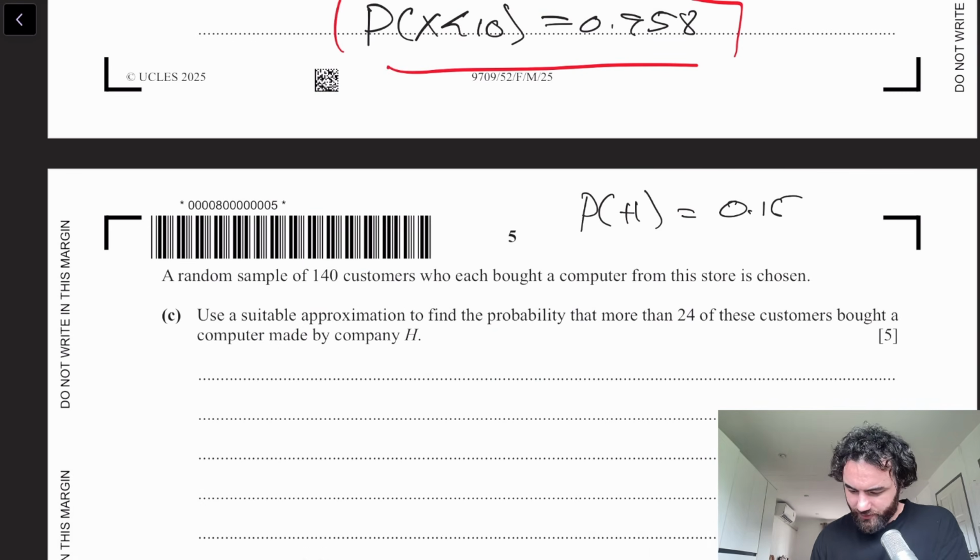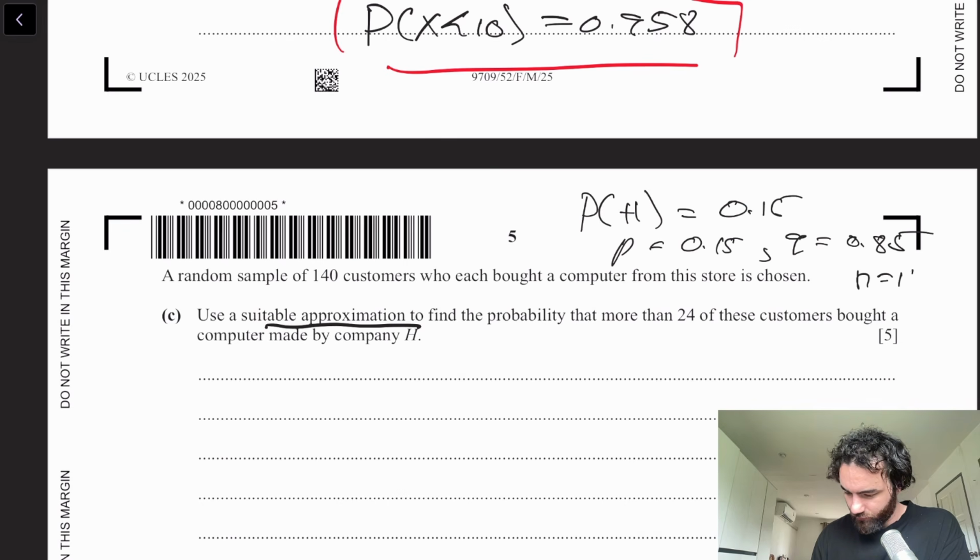Okay, so this is binomial, so we have the probability of success, 0.15, and the probability of failure will be 0.85. So the suitable approximation, because it's such a large sample, because our n now is 140, is normal.